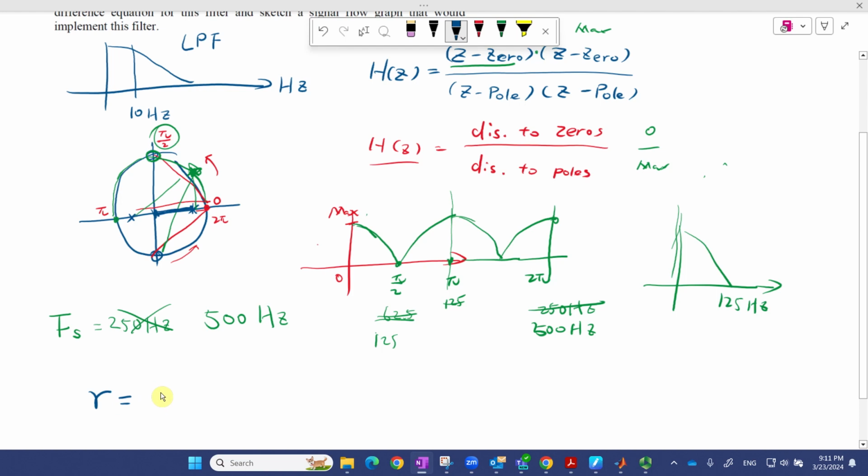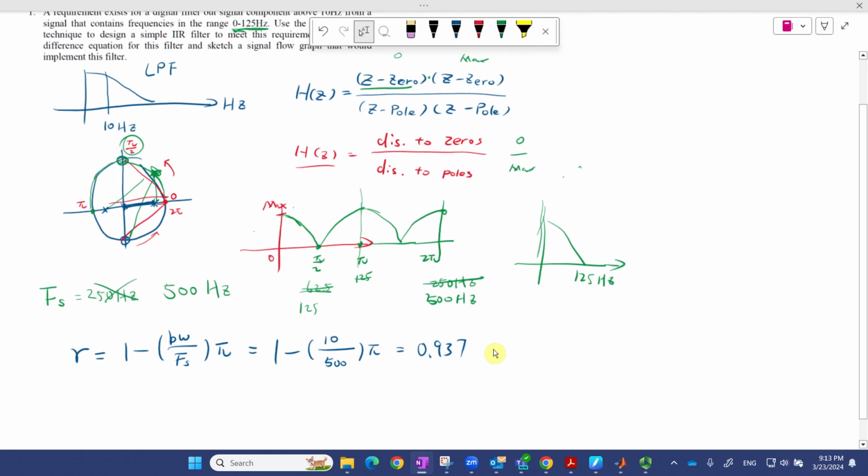R equals 1 minus the bandwidth divided by the sampling frequency, multiplied by pi. Here the cutoff frequency is 10 hertz, so the bandwidth I will use is 10 hertz, divided by 500, multiplied by pi, and what I got is 0.937.